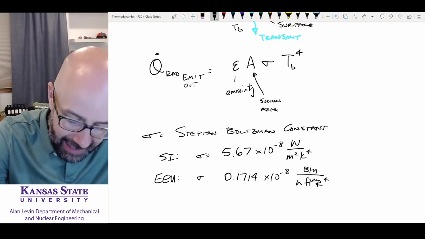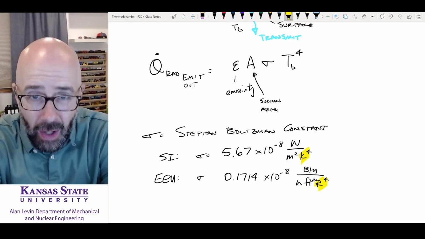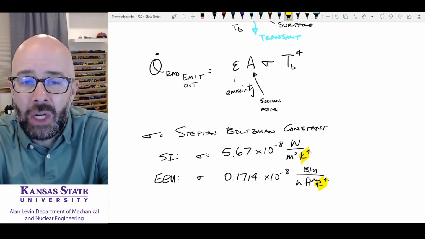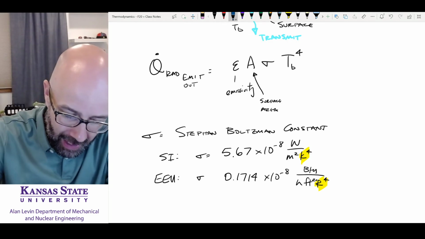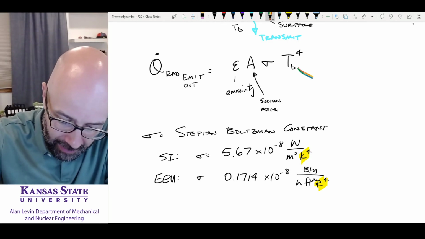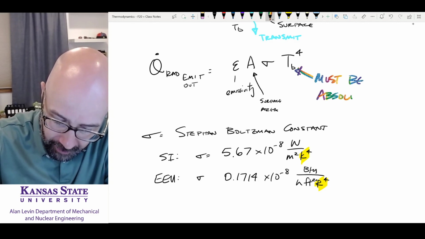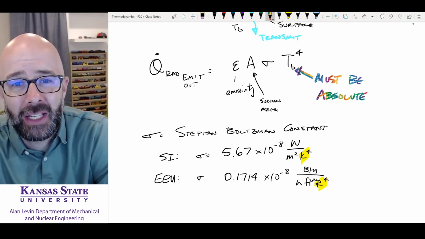Now the key thing is this is a temperature to the 4th, and radiation requires that your temperature be absolute. This one must be absolute, because a temperature in Celsius to the 4th is different than the temperature in Kelvin to the 4th.